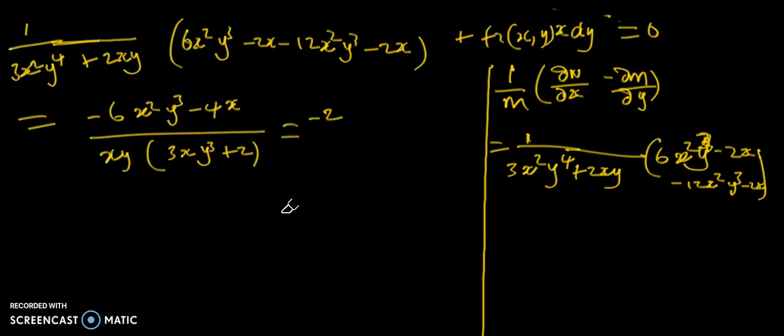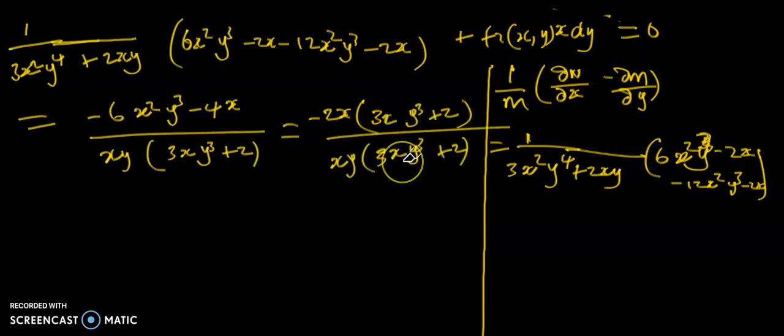Let's factor out 2x, because we have x here, into 3. Now observe what happened. This is exactly the same thing, so we can cancel this with this and cancel x with x, so that we are left with negative 2 over y.